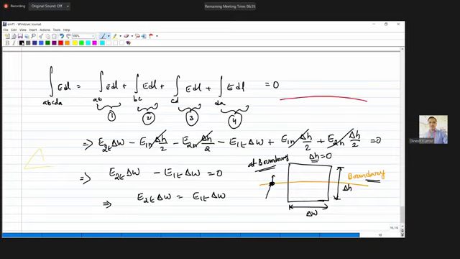Now I am looking only at the loop with respect to the boundary, so whatever the points A, B, C and D, A will coincide with D and B will coincide with C. So I'm looking only at the boundary.